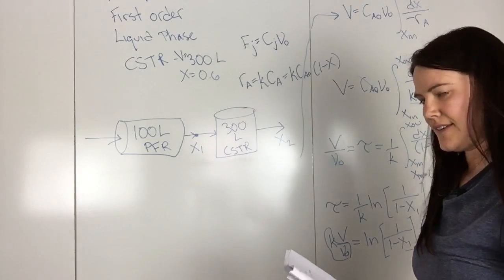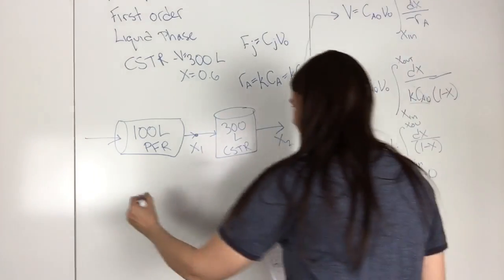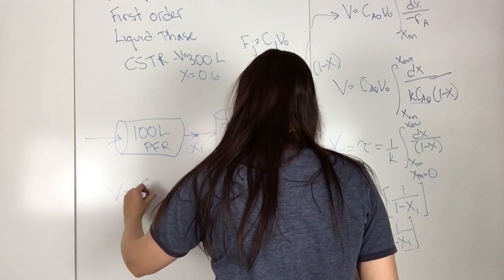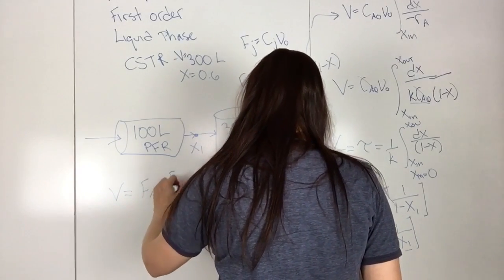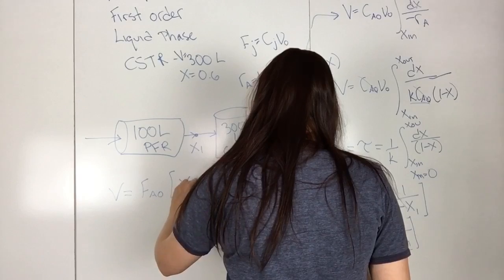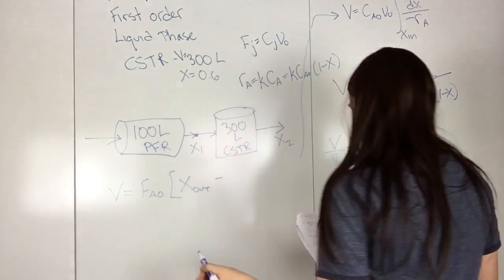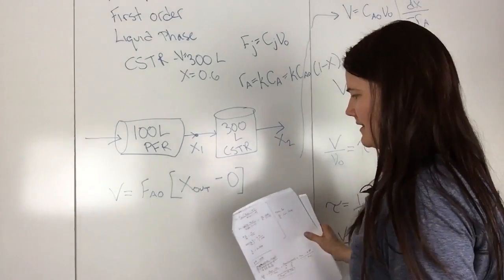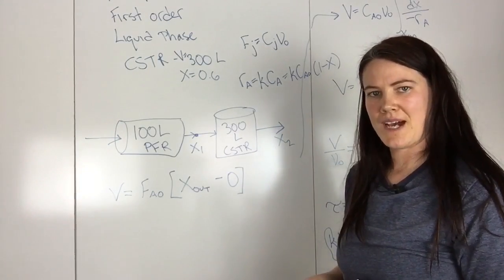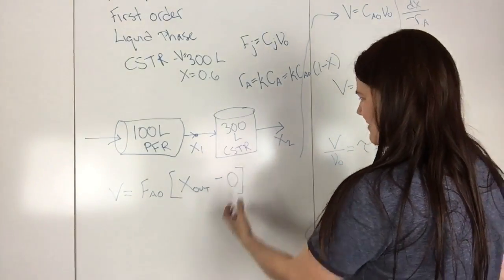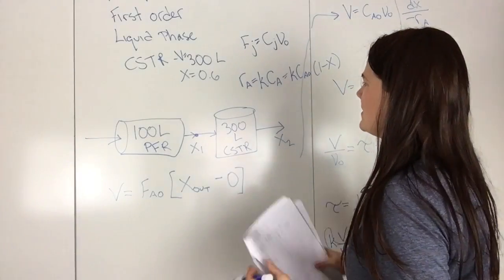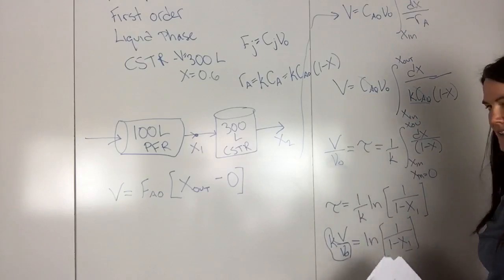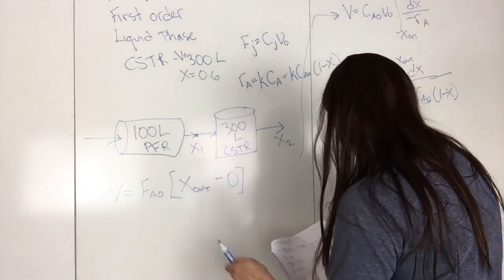So using the design equation for a CSTR, we know that V is equal to FA naught times X out minus X in, which is 0 in this case. Basically we're taking a step back and assuming we only have a CSTR and we know the conversion, and we want to solve to get this K over V naught.